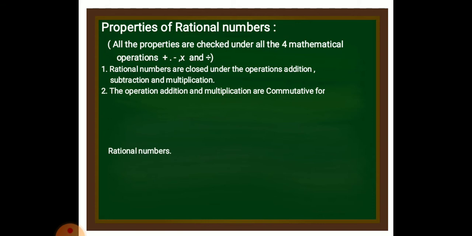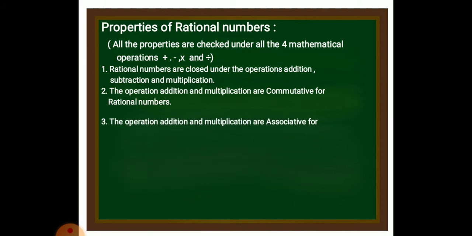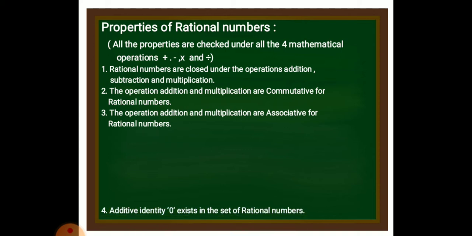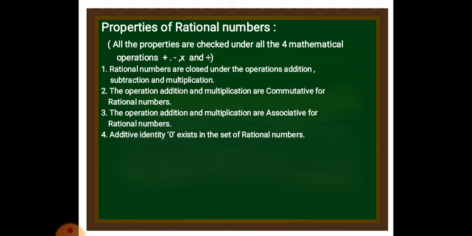And the second property was commutative property, and we see that addition and multiplication are commutative in the set of rational numbers. And the third property was associative property. Again, the operations addition and multiplication are associative for the rational numbers. And the fourth property was about the additive identity.